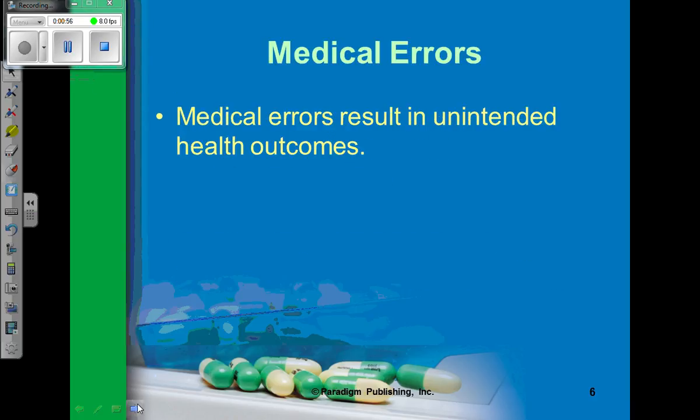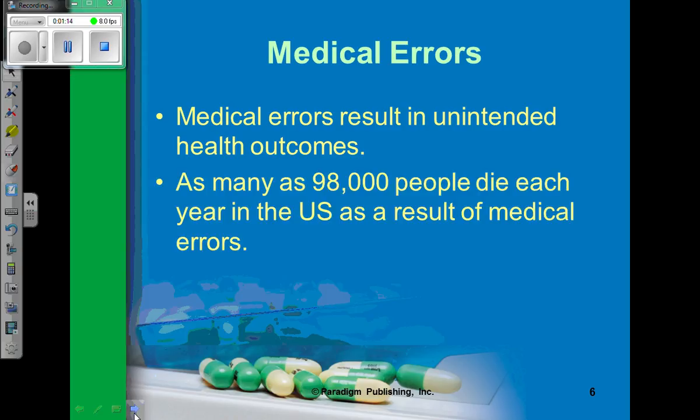Okay. So next, of course, it's going to be a part of the pharmacy technician's job to help in the role in prevention of medication errors. Each workstation should be checked for errors. Medical errors result in unintended health outcomes. As many as 98,000 people die each year in the United States as a result of medical errors.